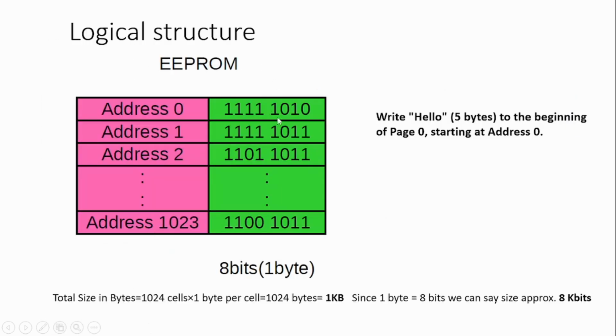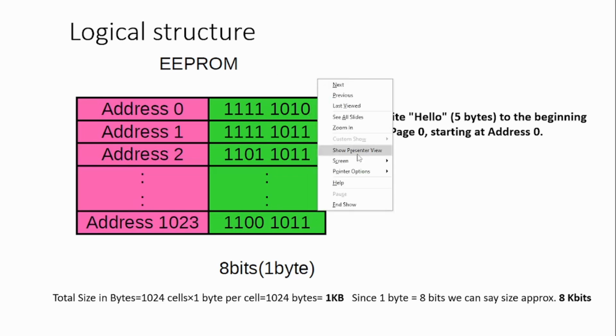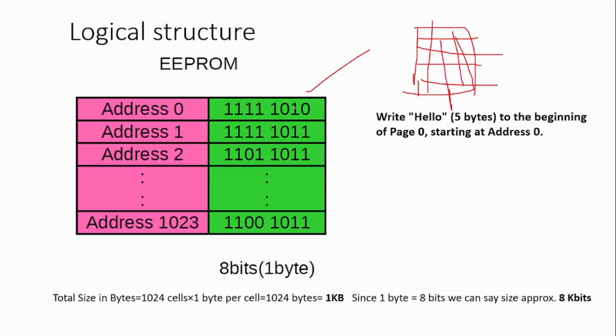Now this is the logical structure of the EEPROM. I already discussed this in my previous video, so I will not repeat it, but just remember this setup as a white page. Let us say you have one white page with you. Just draw different rows and columns, and consider this setup: the page has 1024 rows and 8 columns.